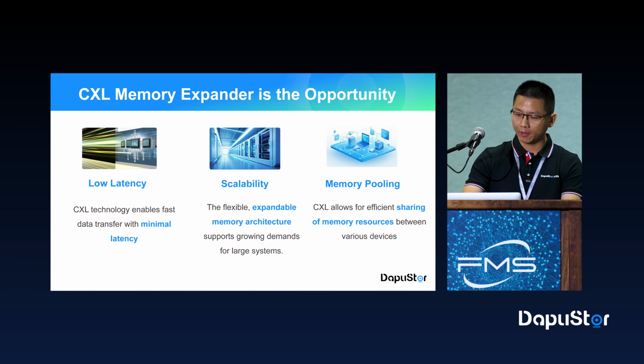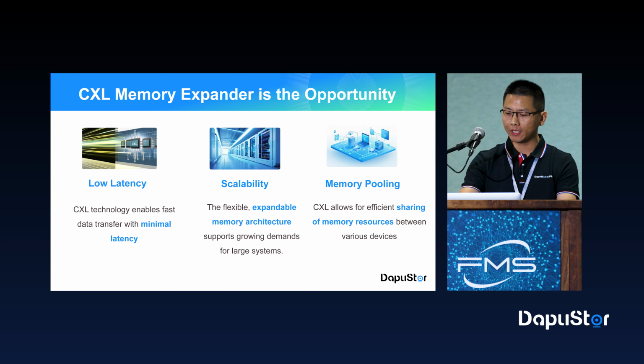CXL shows multiple good features. First, it has an access latency of around 200 nanoseconds, which is just a couple times the local DRAM latency. Second, CXL provides a scalable architecture, offering the flexibility to expand memory as demands grow.